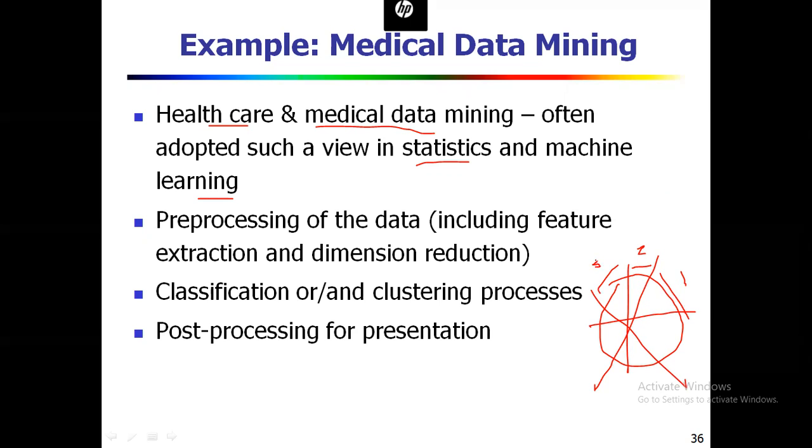Dimension reduction is also important for the fast detection of disease. Then we have the classification and clustering process, and we have the post processing for presentation.